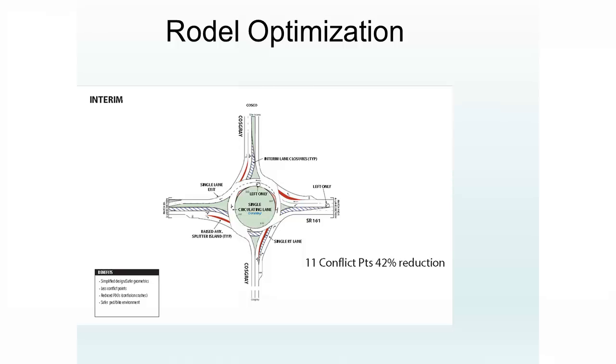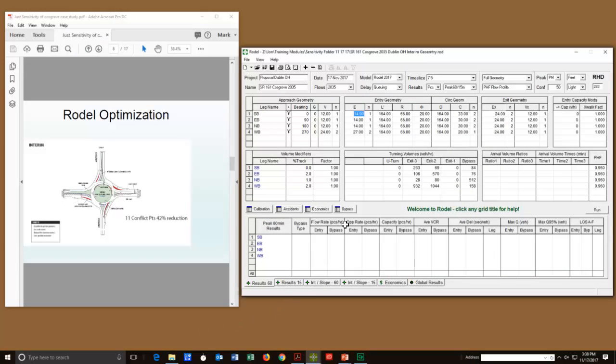So for example, I'm going to open up the other interim geometry. What we've done is modify this geometry to reflect single lane approaches for the southbound leg, the eastbound, and northbound, and we maintain a 2-lane approach westbound, so that stays the same.